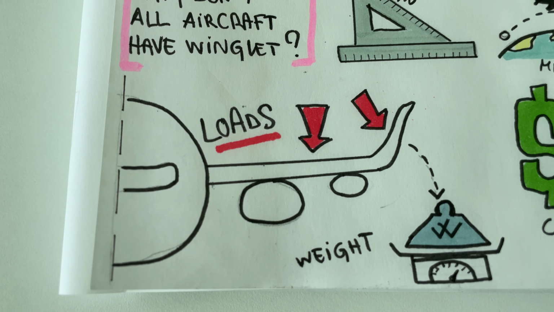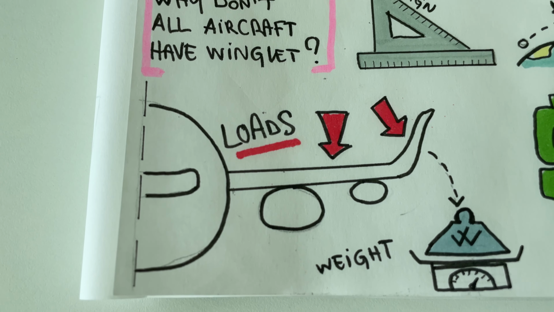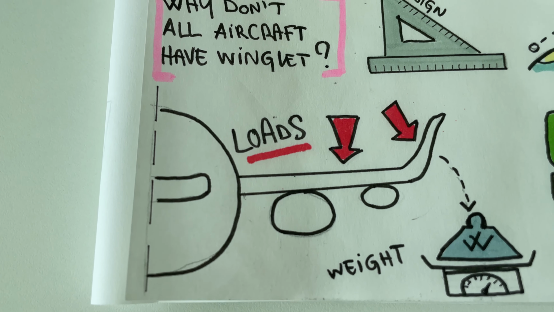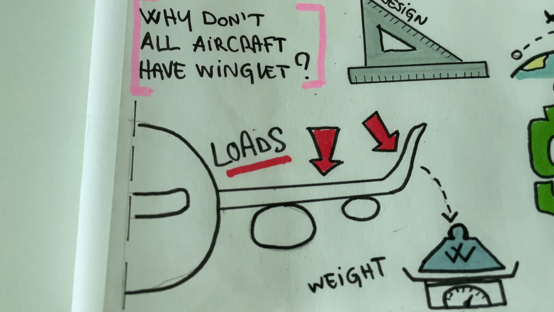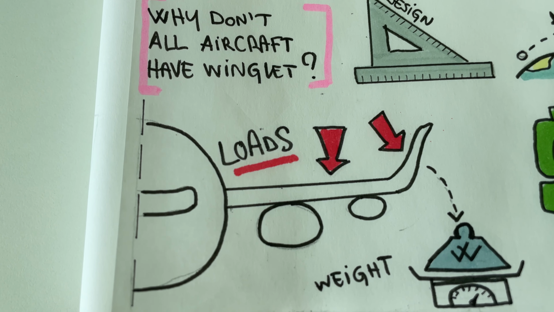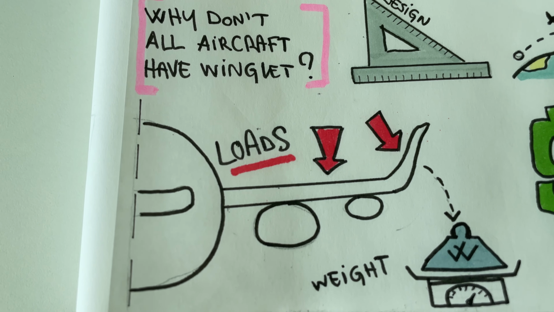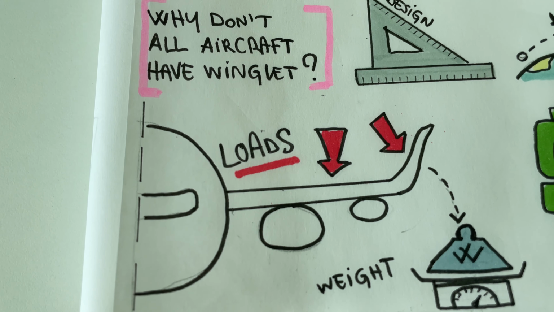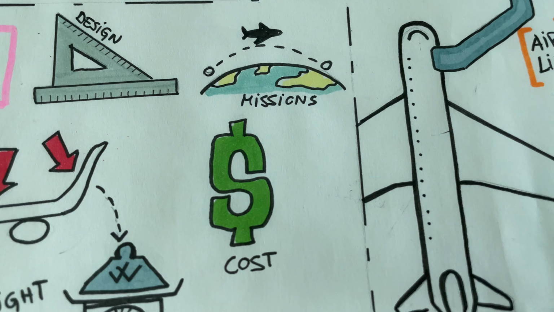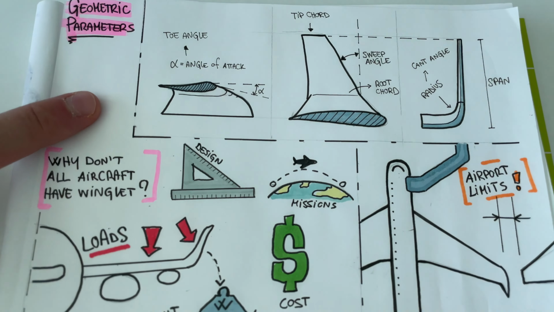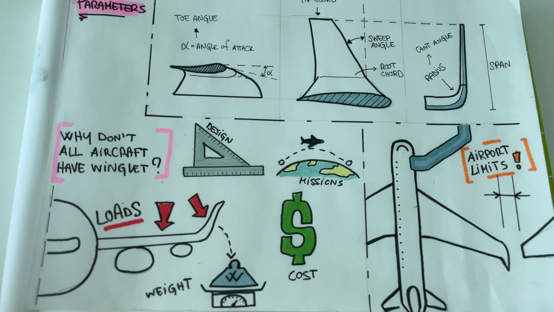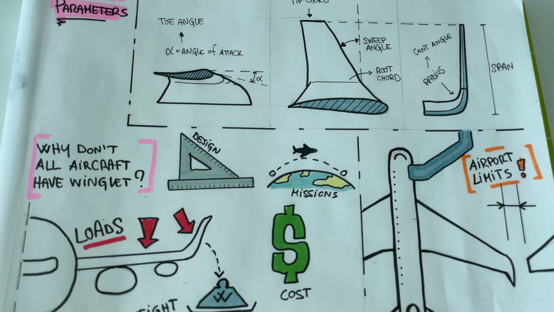We also have to take into account the different structural loads over the wing. Additional forces on the wingtip require reinforced wing structures, which can increase design complexity and, of course, again, the costs. So we've seen all the geometric features of the winglet and why not all aircraft have winglets.